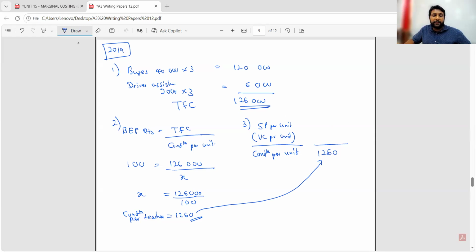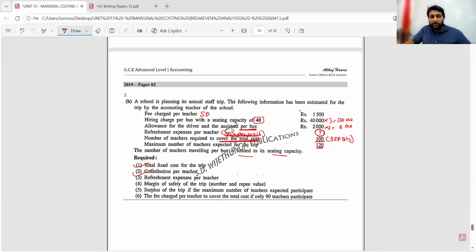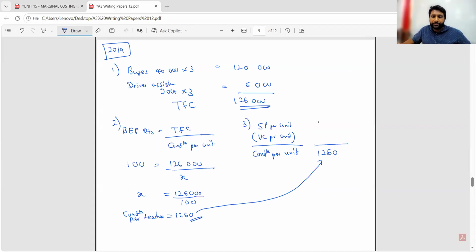Selling price per unit they have given: 1,500. Then what's the variable cost per unit? 240. What refreshment can you give for 240? Not even a piece of bread. This is 2019, the year of the bombings. Done, 240.